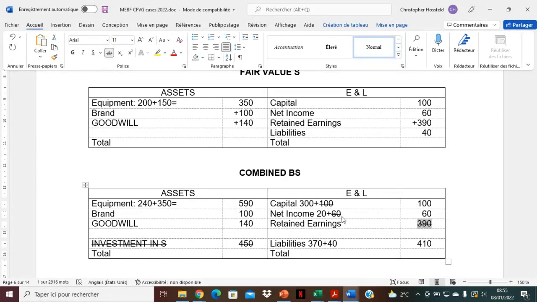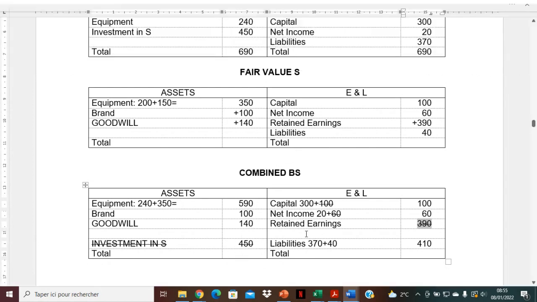That means here I eliminate 550, as you can see, 160 plus 390. So in total on the equity and liability side, I delete 550. On the asset side, I delete only 450. So there's a difference of 100, and this difference is non-controlling interest.